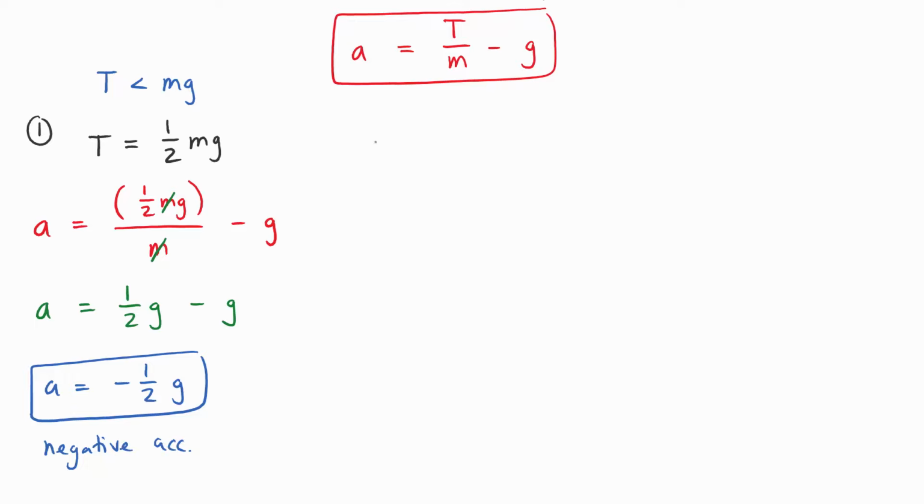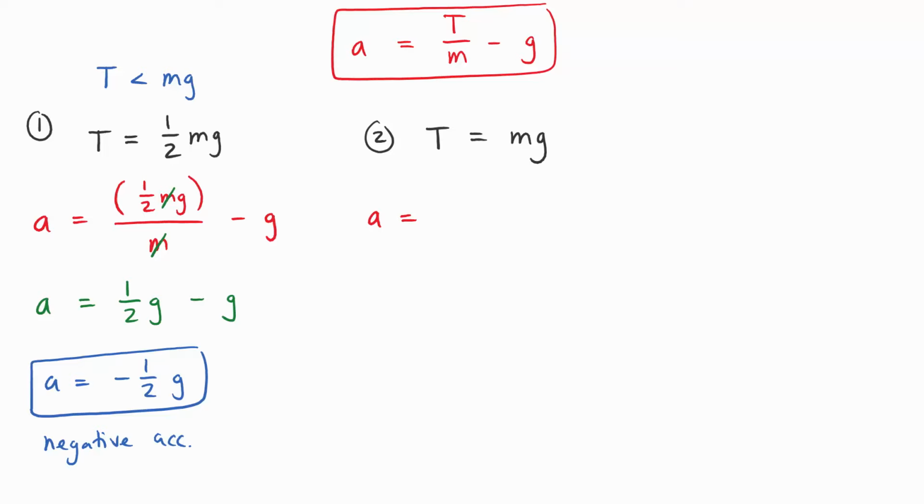The second scenario we looked at was when the tension was equal to the weight. In this case, the sum of the forces is going to be 0, so no acceleration should occur. Let's see if our mathematical expression bears that out. If we plug in the tension being mg divided by m, minus g.